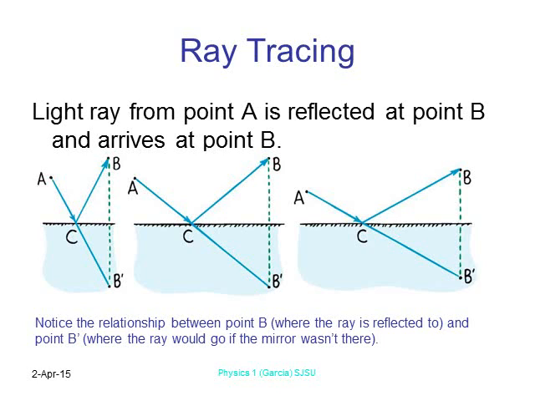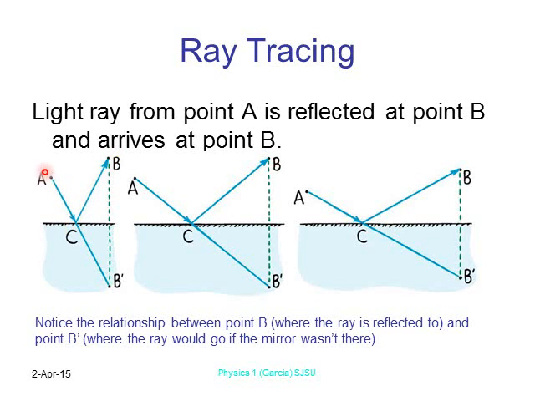Okay, ray tracing. Again, you can tell there is a mirror because there's cross-hatching here. We have the incoming ray here hit, and we have the reflected ray here.